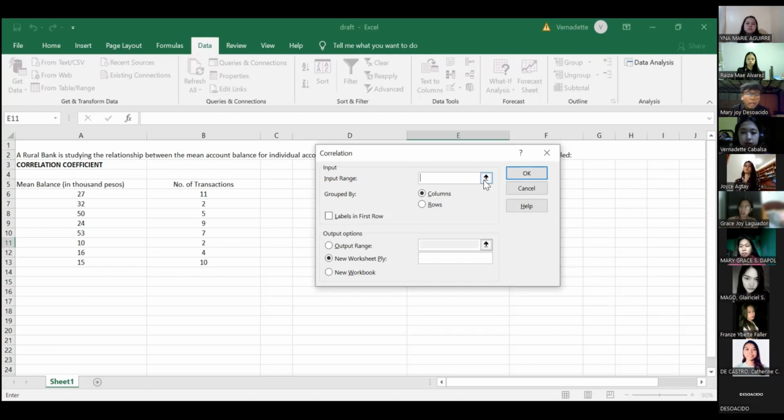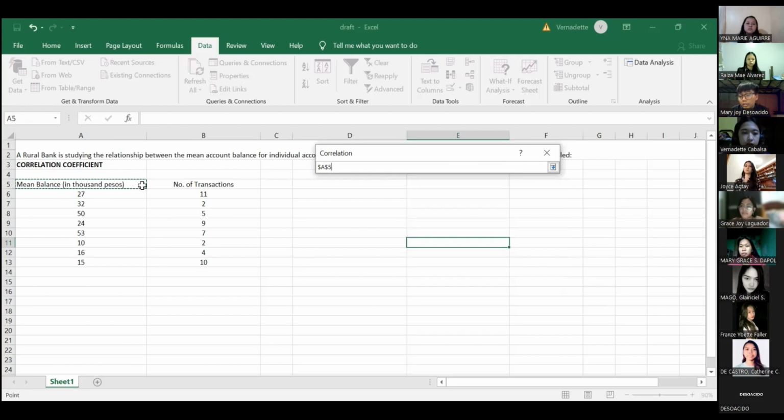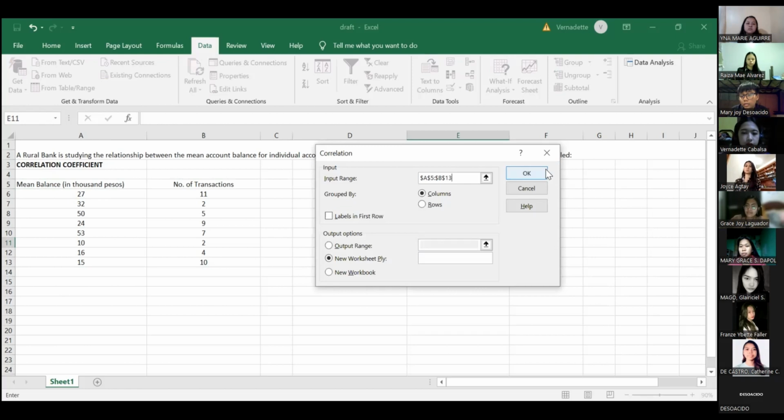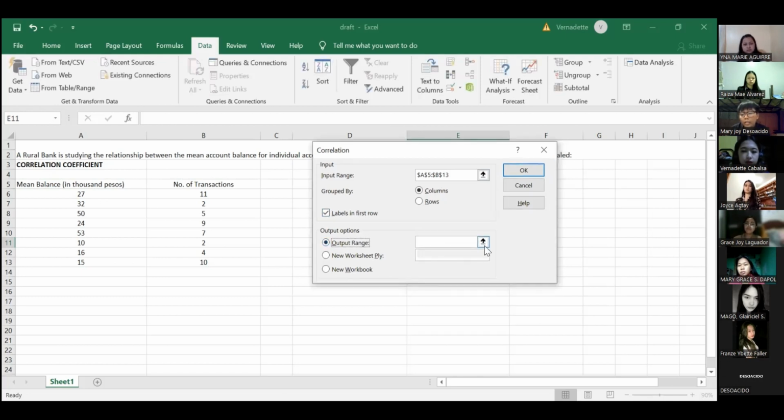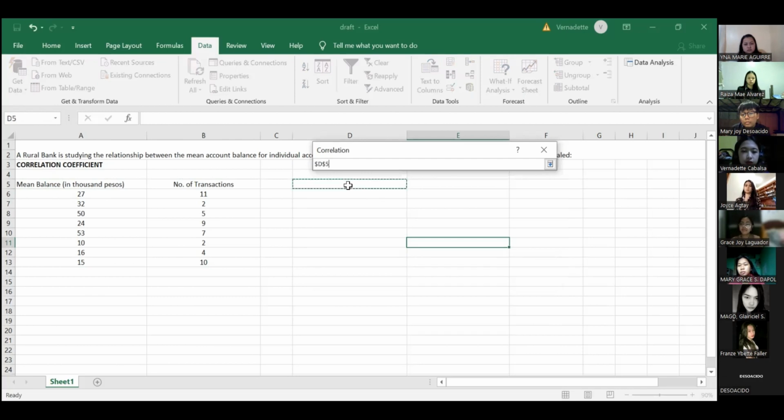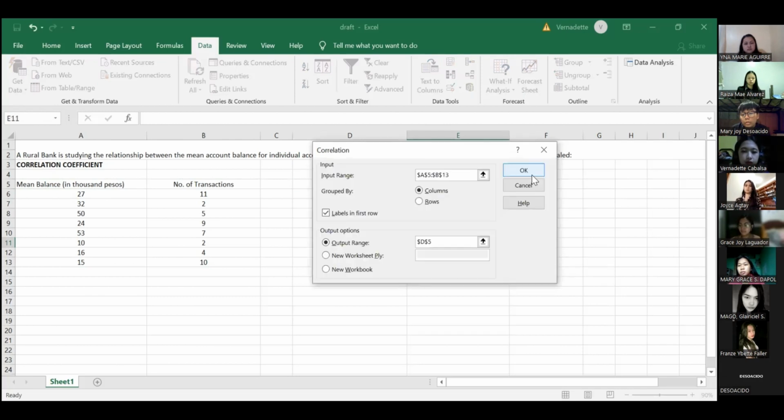Then select the sample mean balance and the sample number of transactions inside the box. Then check the first label in the first row. Then input the output range. Click any cell. Okay, then click OK.